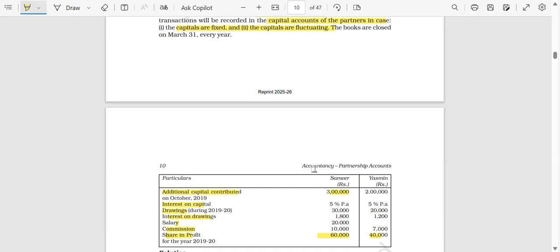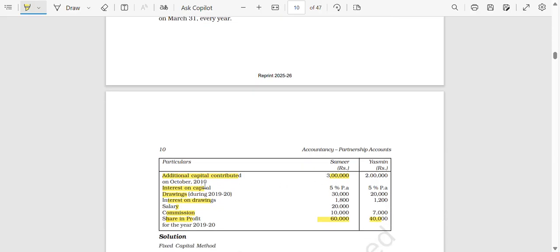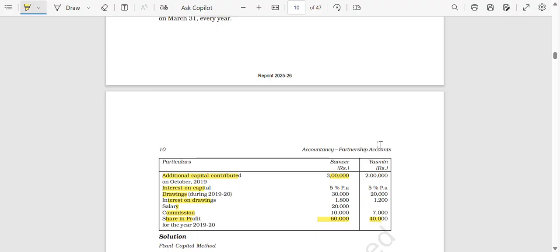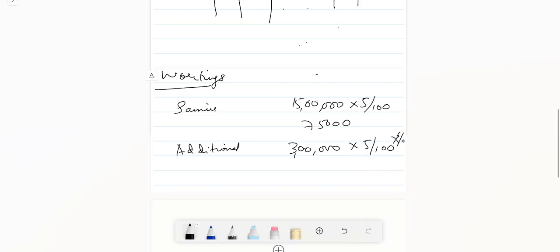When was the additional capital brought? 3 lakh brought on October 19. 3 lakh into 5 by 100 into how many months was the capital there in the partnership firm from October 19? October, November, December, January, February, March. 6 months, 6 by 12.